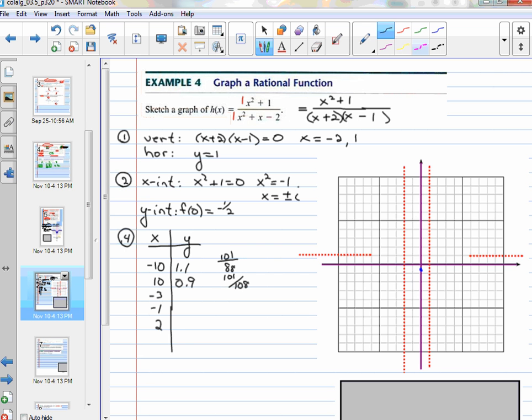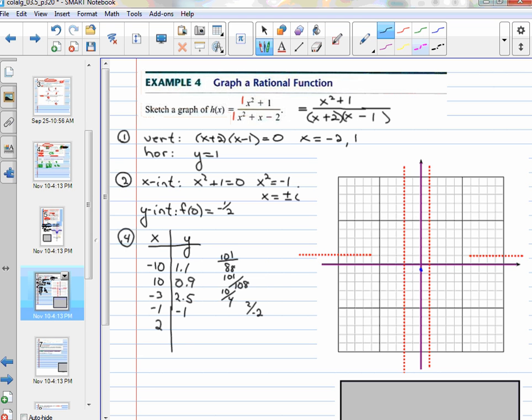-3. -3 squared, that's 9 plus 1 is 10. Let's see, -3 squared. So 9 minus 3 is 6, minus 2 is 4, so 5 halves, 2.5. Is that right? So I should have, well, let's just keep doing this, and I'll put my points on. -1. 1 plus 1 is 2. 1 minus 1 is 0 minus 2, -2.